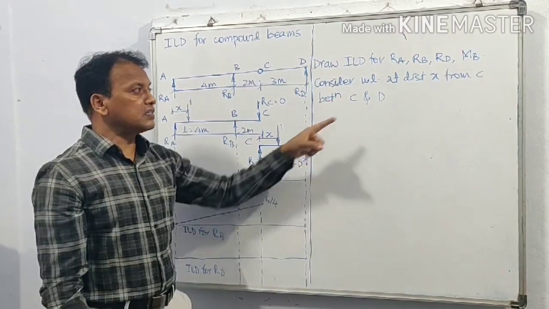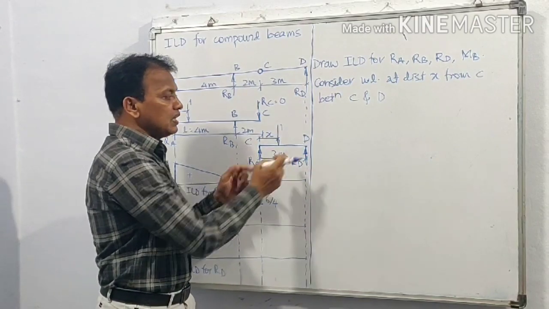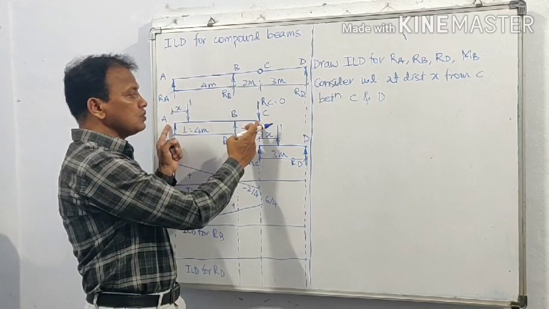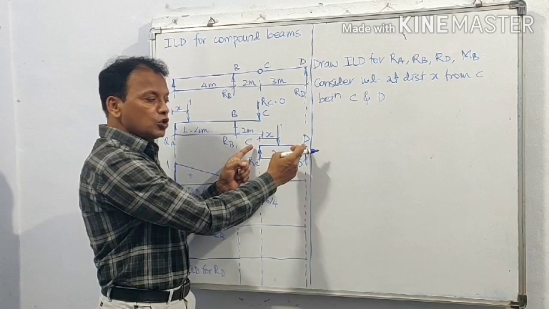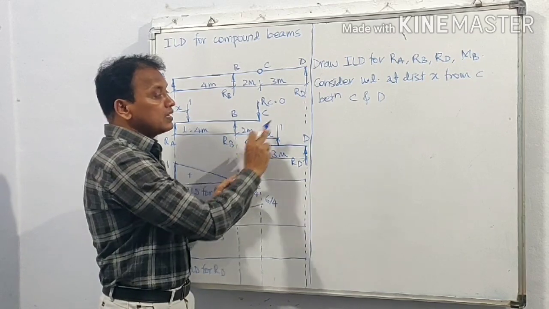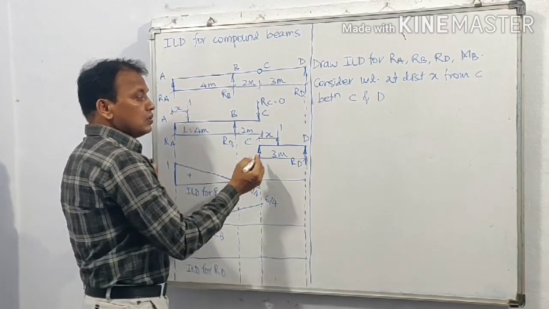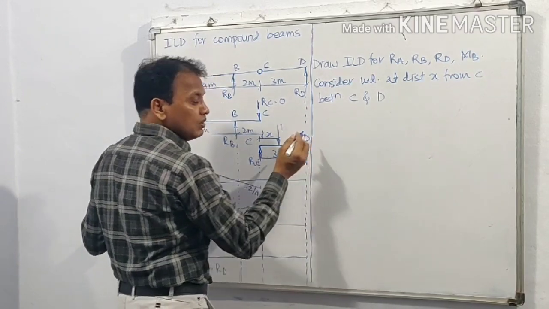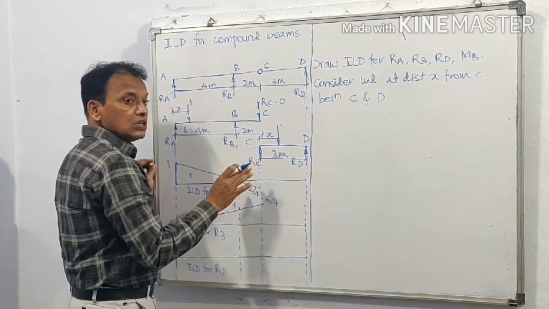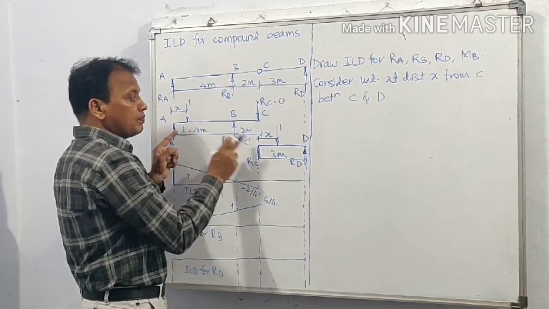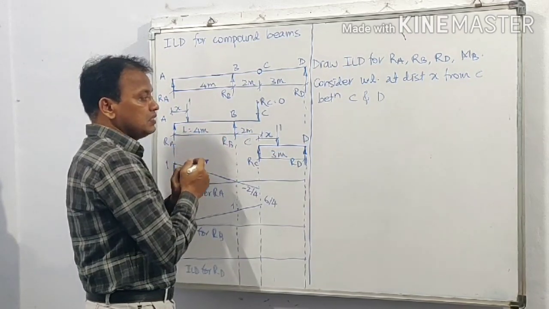Consider unit load at distance x from C, between C and D. Up till now we have made calculations for various positions of unit load between A and C. Now let us consider different positions of unit load between C and D. So let us consider first unit load at distance x from C. Therefore, applying equilibrium conditions, now here we have to consider free body diagram of both beams, that is beam CD and beam AC.